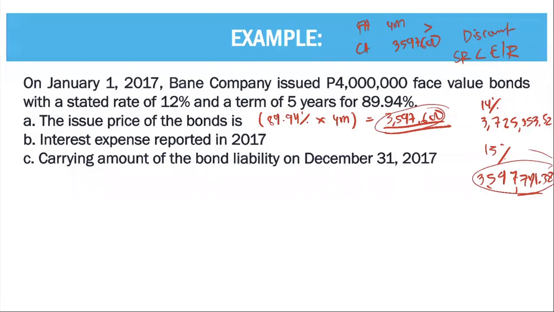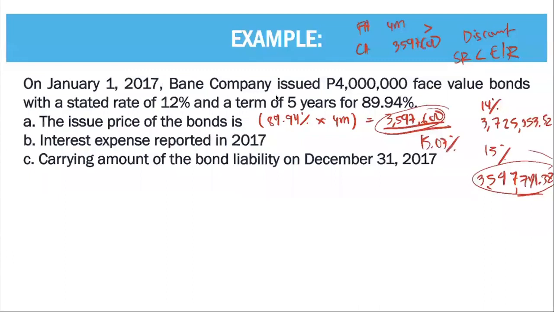I don't know what you use here. Is it 15%? In case we have different answers, I use the whole rate here. I use 15.07% because of the difference on these amounts. If we use 15%, your interest is equal to 3,597,600 times 15%.